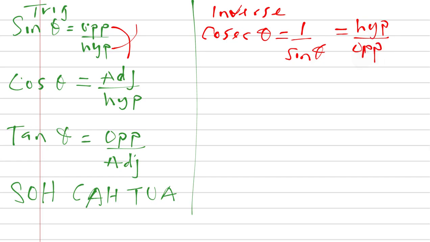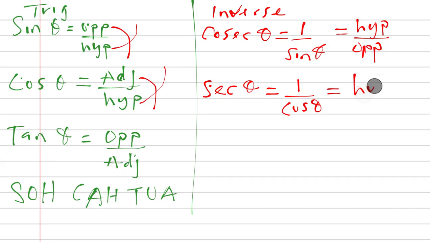And then we have the next one, which is sec theta. Sec theta is 1 over cos theta. This will come down, this will go up. So that will be hypotenuse over adjacent. Hope you are seeing the way I'm writing them. And then we now have the last one, which is cot theta, that's cotangent.